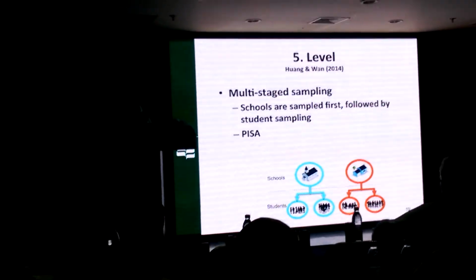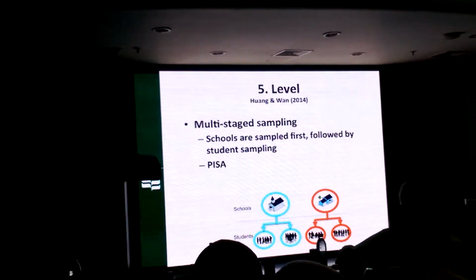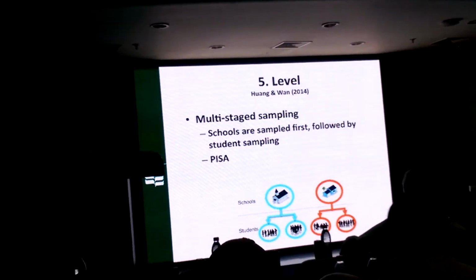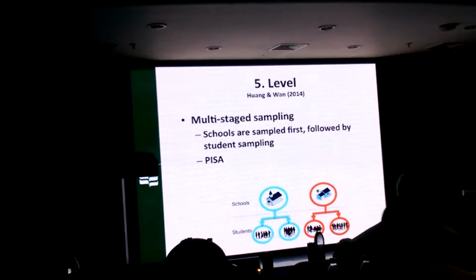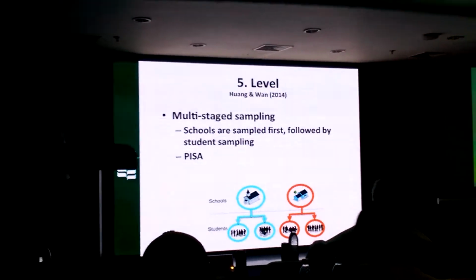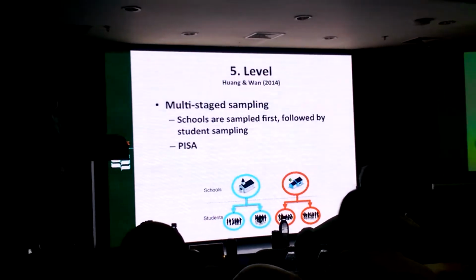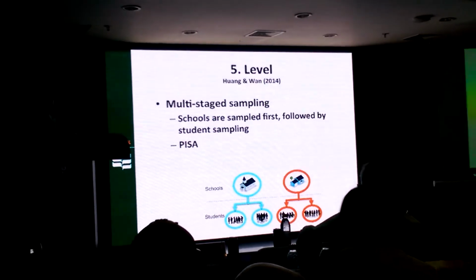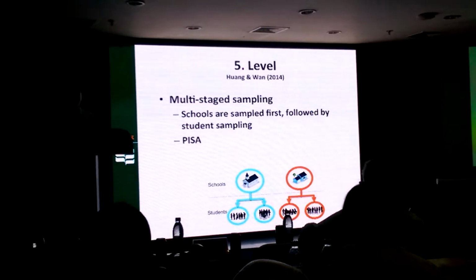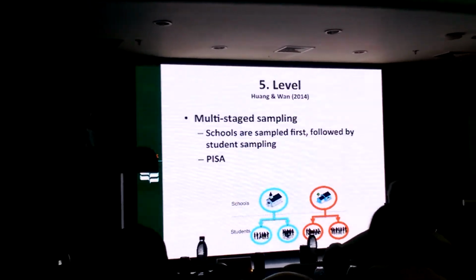Like here, in the first stage we sample a few schools, and then underneath each school we select a set of students. And usually the students who come from the same school share a lot of homogeneity. They are more similar than students sampled from different schools, especially regarding abilities like mathematics ability, language proficiency, science knowledge.